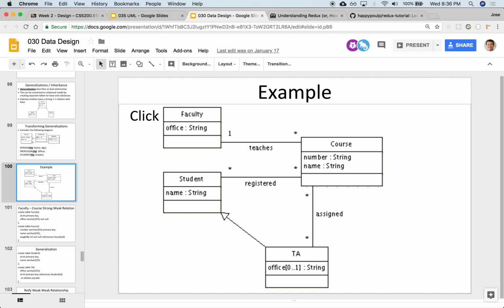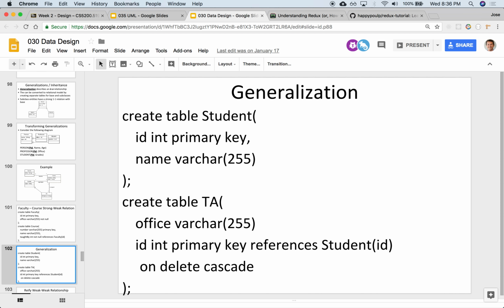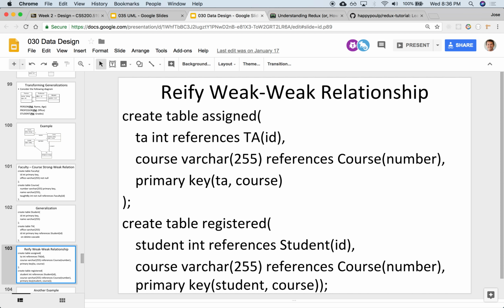A TA is a student. So foremost, the TA is a student, and then they're a TA. And that's what this captures. I have the same exact identity as the student, and I don't exist without being a student.